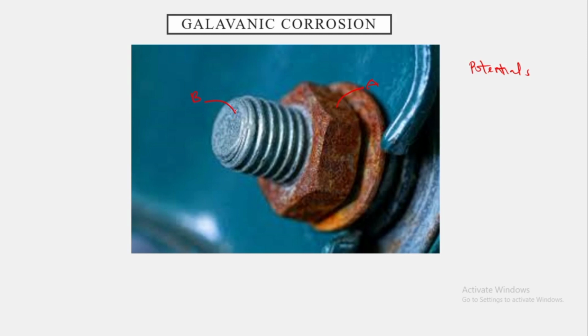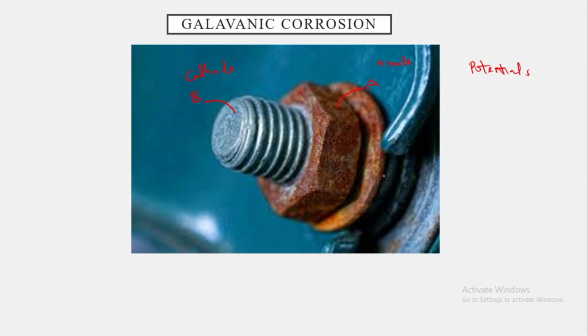And the more noble metal is called the cathode. So this is the anode, and B is called the cathode. The cathode is noble and that is protected. Let's look at something here. The rate of galvanic attack depends on the relative anode to cathode surface ratio, or the areas that are exposed to the electrolyte.